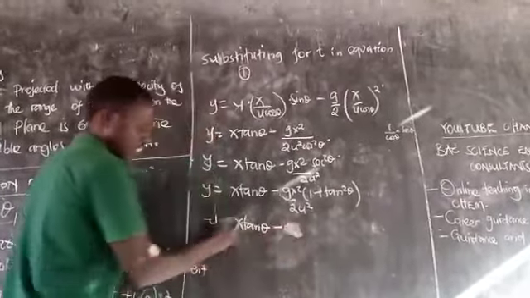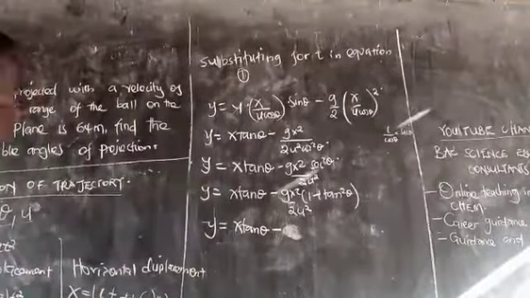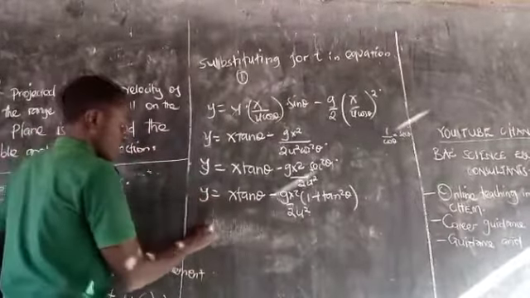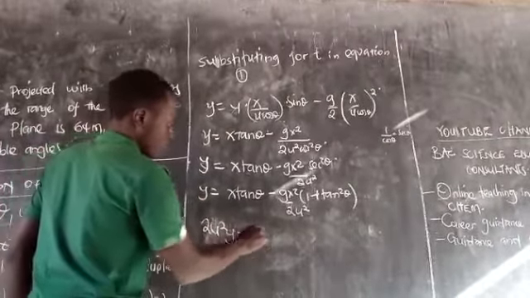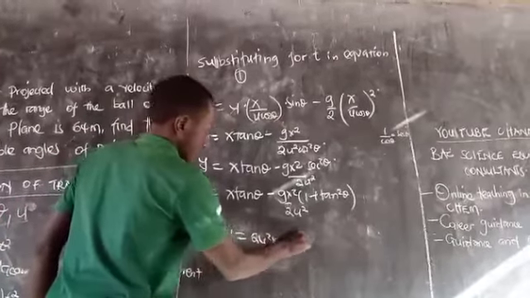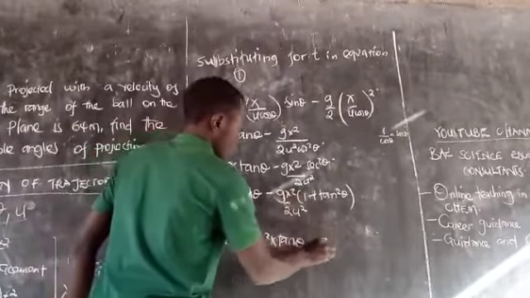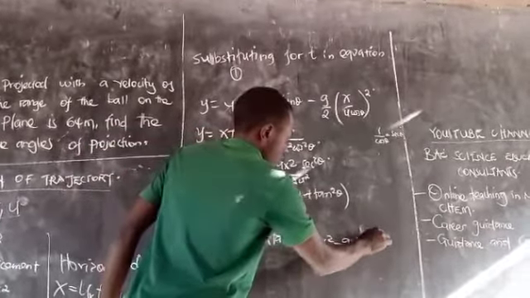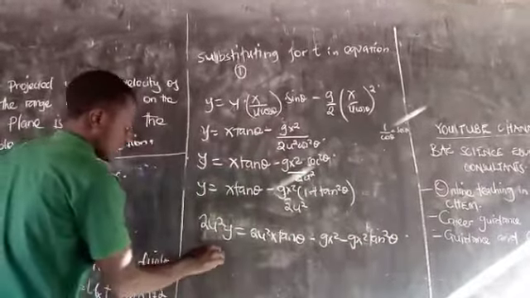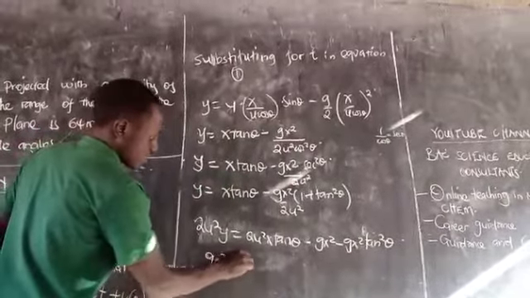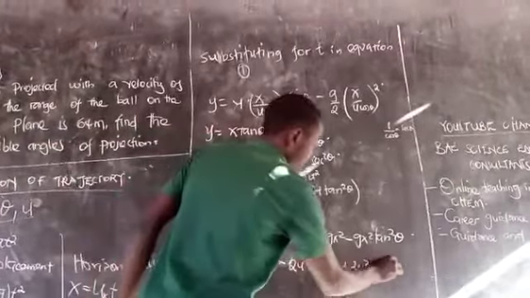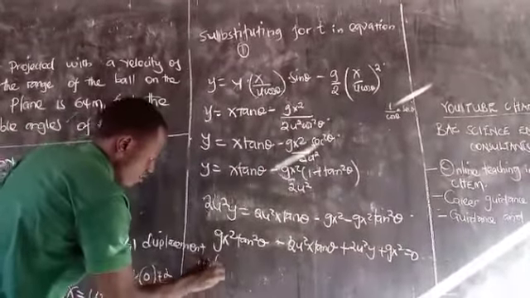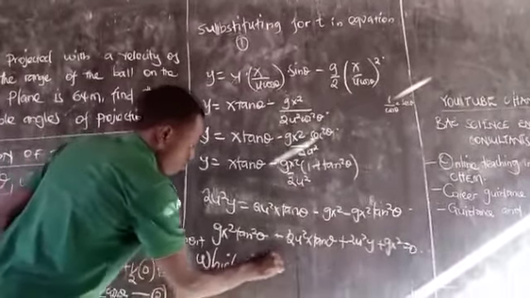Let's multiply by 2u squared throughout, and we shall simply get 2u squared y equals 2u squared x tan theta, minus gx squared times 1, and then gx squared times tan squared theta. This can be rewritten as gx squared tan squared theta, minus 2u squared x tan theta, plus gx squared plus 2u squared y equals 0, which is a quadratic expression in terms of tan theta.